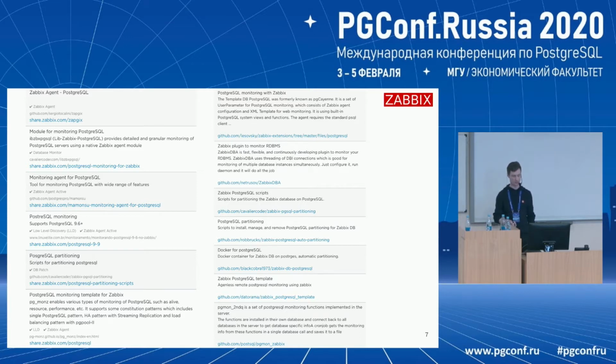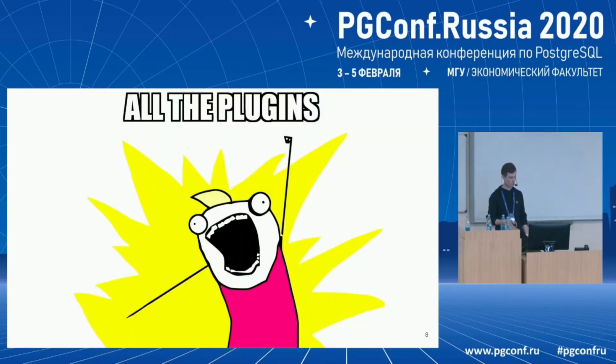Some solutions will be developed in collaboration with the community and vendors, because sometimes they know better what to monitor and how to do it better. The same applies to Postgres Pro. They were one of the first to develop their monitoring solution, and this solution will become a part of Zabbix in the next release. I will tell you more about this later on.